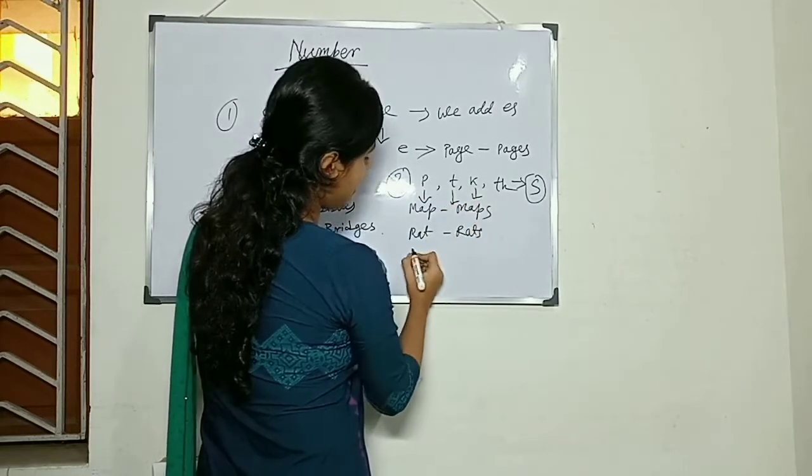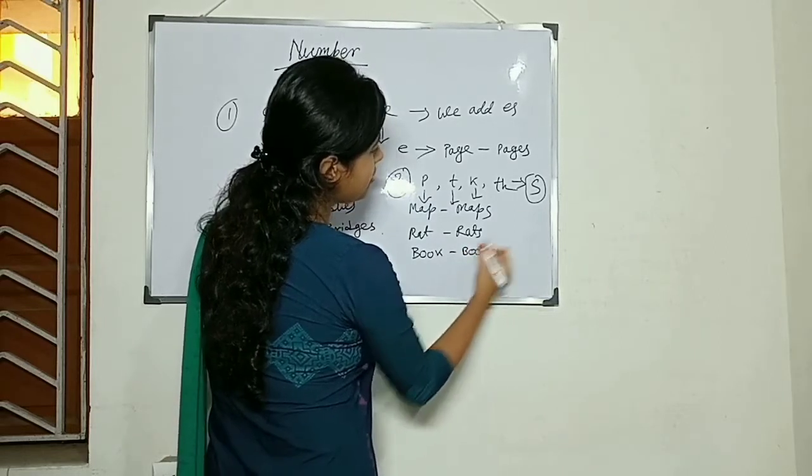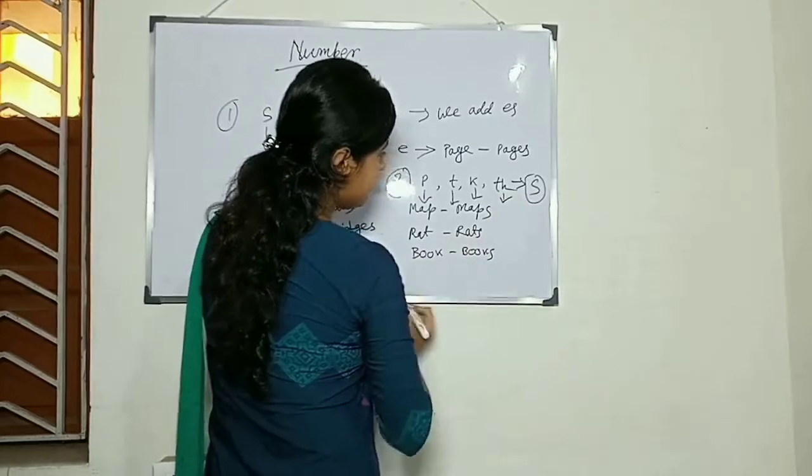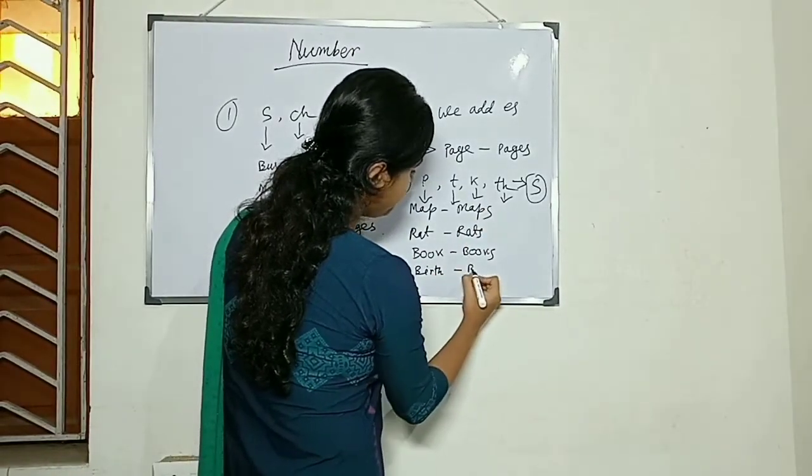Then with K, book, that is books. Then TH, that is bird, birds.